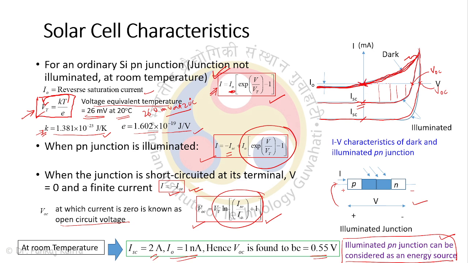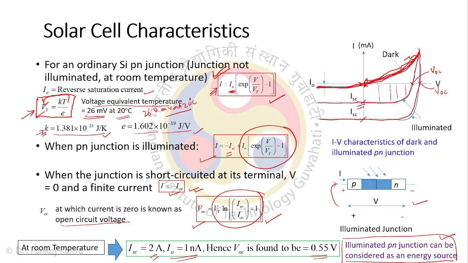Okay, so if we understand how this curve has been got, I have explained just now that if a p-n junction is in forward bias, this will be your curve, this part of the curve. Okay, this part of the curve is in the forward bias.